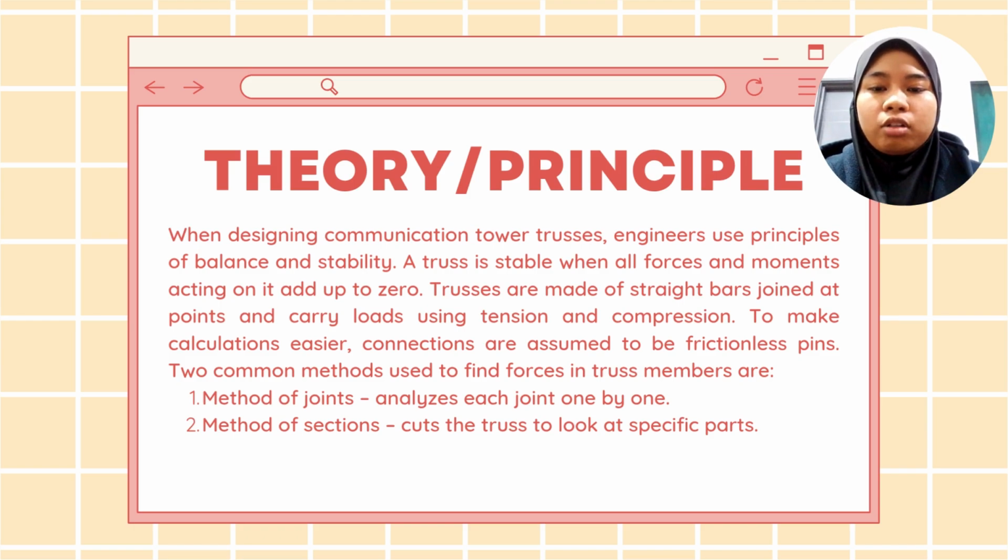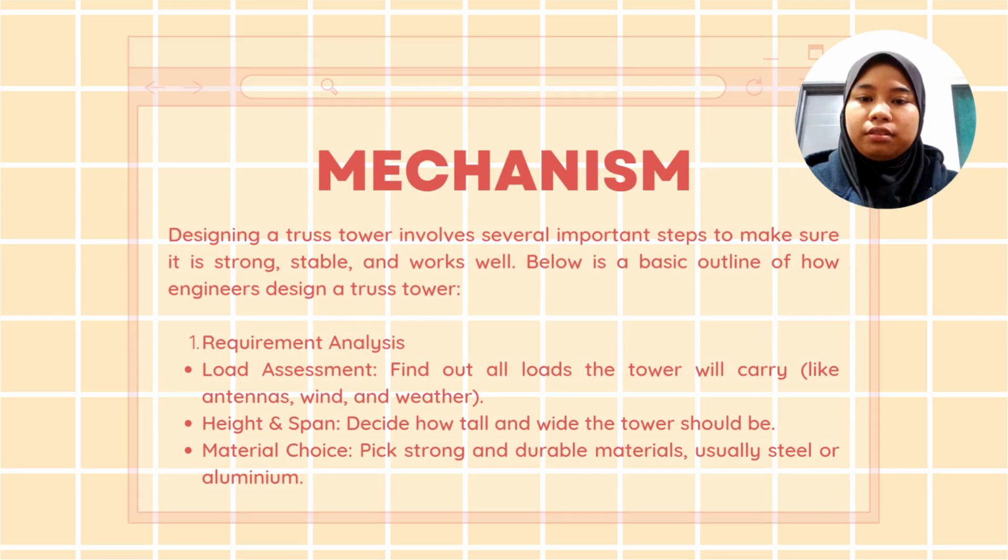To make calculation easier, connections are assumed to be frictionless links. Two common methods used to find forces in truss members are the method of joints, which analyzes each joint one by one, and the method of sections, which cuts the truss to look at specific parts.